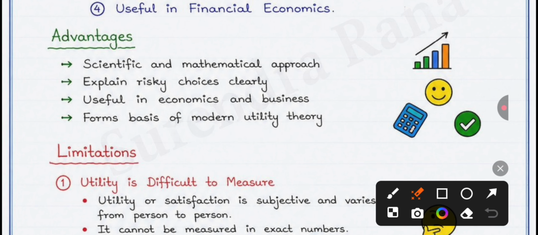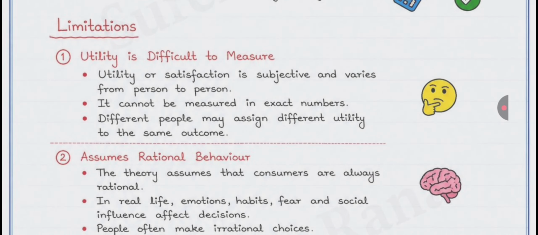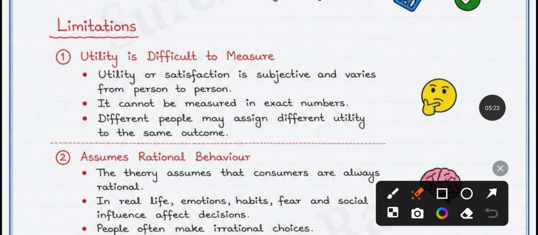Then let's discuss the limitations of this theory. The first limitation is that utility is difficult to measure. One major limitation is that utility or satisfaction is subjective.